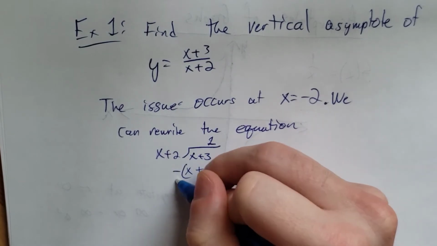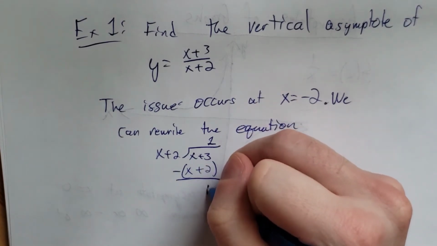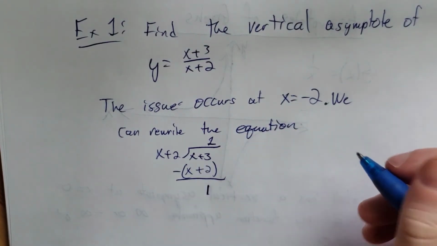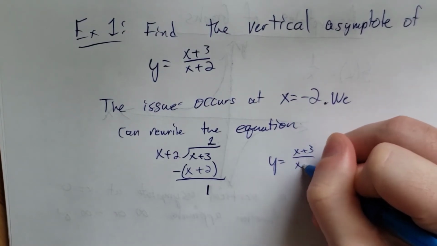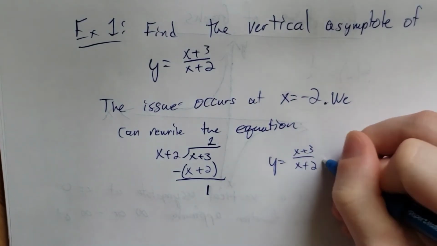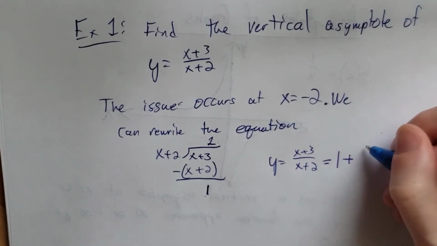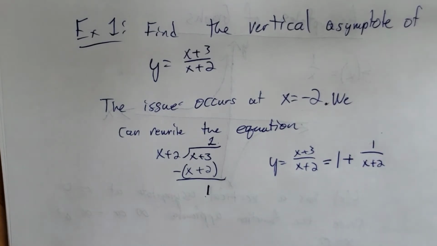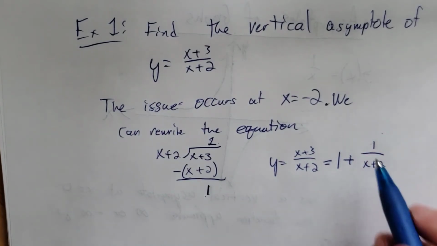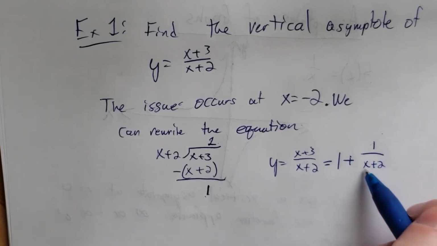We subtract this off. All we're doing is long division here. And we should be left with 1. So this tells us that y is equal to x plus 3 over x plus 2 is really equal to 1 plus, and then we had a remainder 1 here, so 1 plus 1 over x plus 2. So let's just think about our function as this. So again, this makes it very obvious that our asymptote occurs at -2.